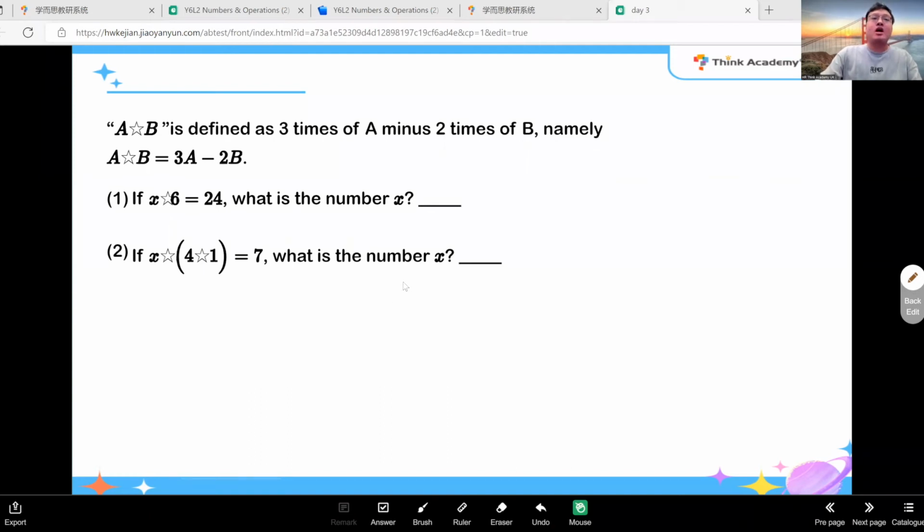Okay. How do you get X here? And after 2 minutes, I'm going to open the chat box for you. Two minutes.